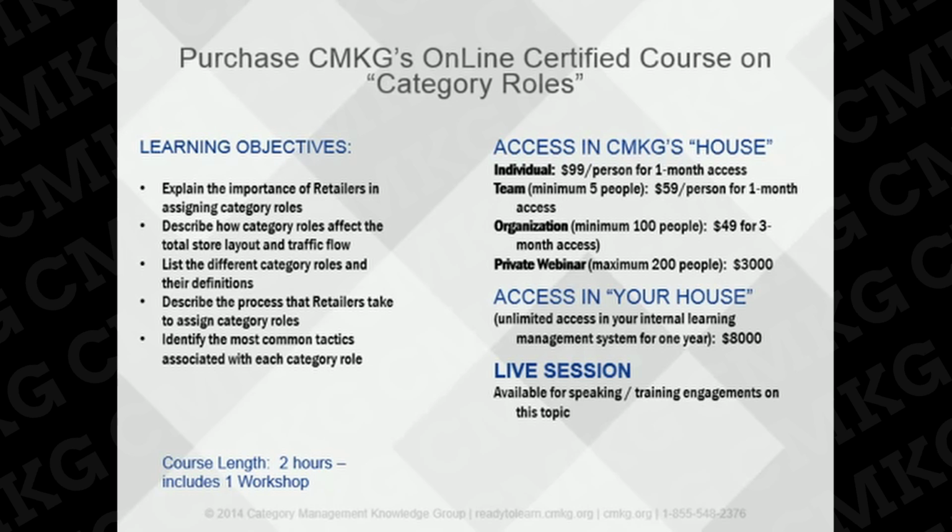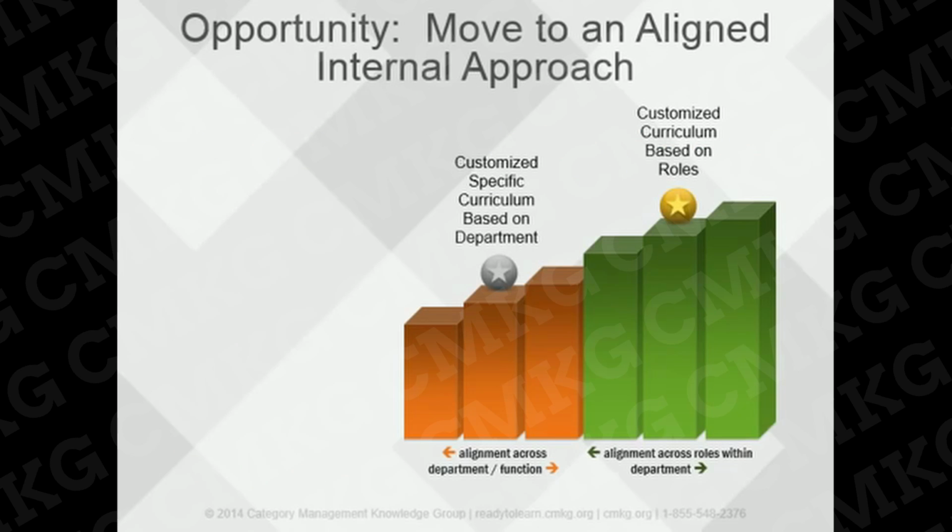Your choices are limitless. But completing the course may not be enough. The opportunity is to have a common set of courses that become a strategic foundational program based on topics that will create a consistent and aligned approach and understanding across the organization.